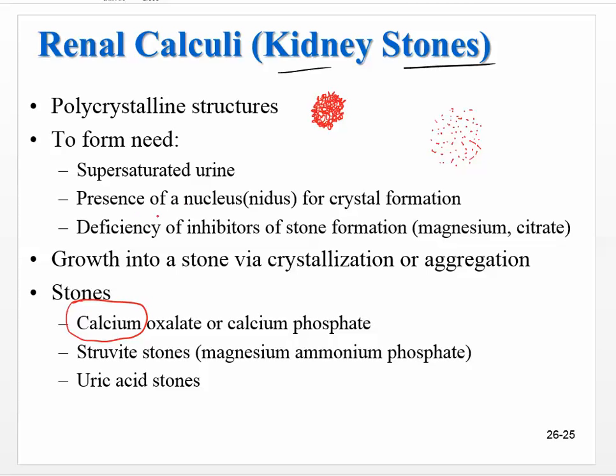But to start that, you need a nucleus. You need two of these guys to get close enough to each other that they actually stick together. And then the rest of them will just sort of pile on. Okay, and that's when the crystal, or the stone, the kidney stone, will continue to form.